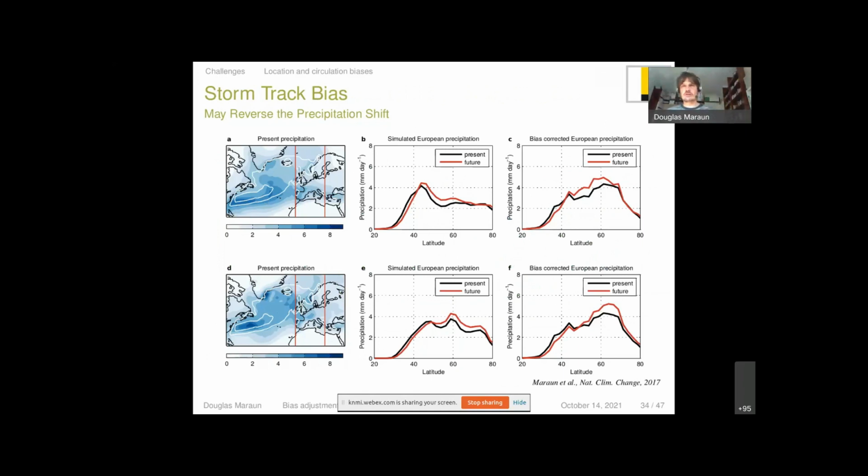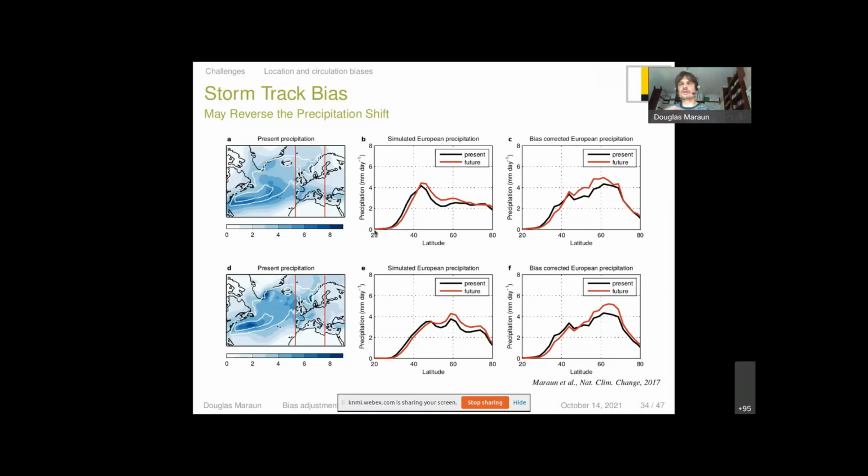So basically that's this typical thing. The storm track in climate models might be shifted to the south, and it doesn't really go to the north, but it goes more towards Central Europe. That's a typical problem in climate models. So when you look at the present rainfall in this region between the red lines, you get this zonal average here.